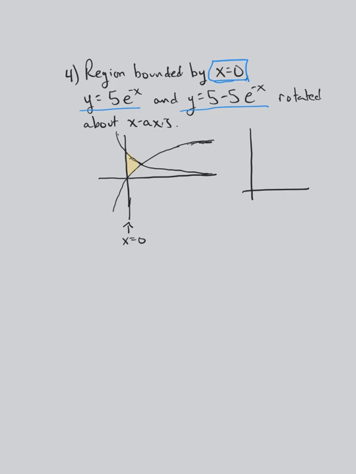All right, and so whenever we rotate that about the x-axis, let me see if I can do something a little bit different. Use those colors. Okay, and so here's going to be my first function. Here's going to be my second function. And again, we can shade that for our region. I'm just helping you recognize the region. But you got to remember what we're actually doing here is that we're rotating these about the x-axis.